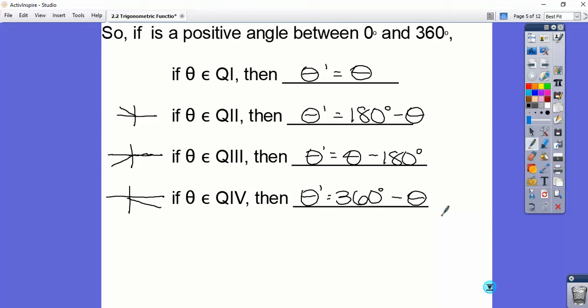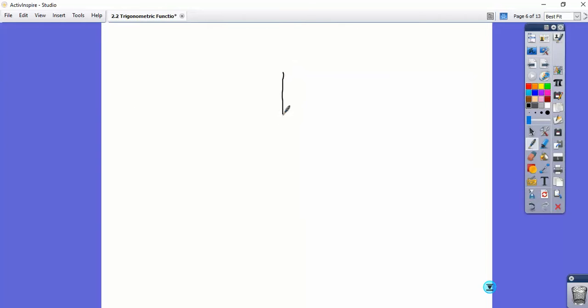If you think about an angle and its reference angle, for instance, let's just use the 120. You don't even necessarily have to write this down unless you want to. I'm just explaining for a moment. This is 120 degrees, which means my reference angle over here is what? 60.